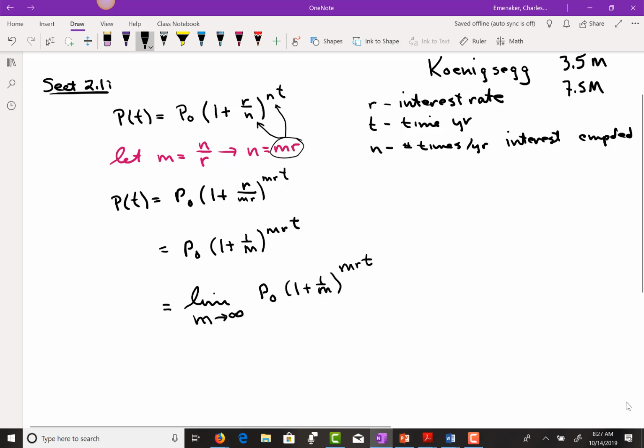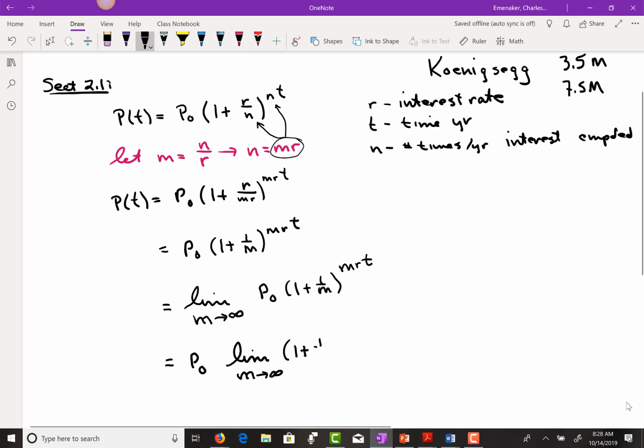Like the P sub 0, is that going to change any? Is the initial amount that Kyle brought in going to change? Well, it's going to grow, but the initial amount is always going to be whatever that amount was, isn't it? So what we can do is pull the P sub 0 out front using some of the basic properties of limits that we talked about earlier in the semester.